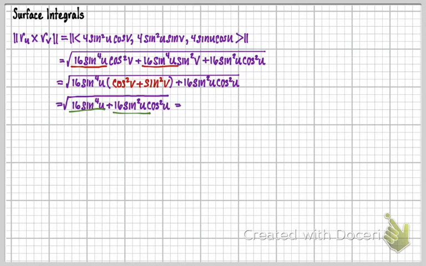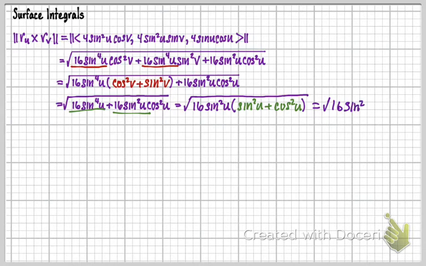And that's going to give us the square root of 16 sine squared u times sine squared u plus cosine squared u. And those are going to give me 1. So I actually end up with the square root of 16 sine squared u, and when I square root it, I get 4 sine u.